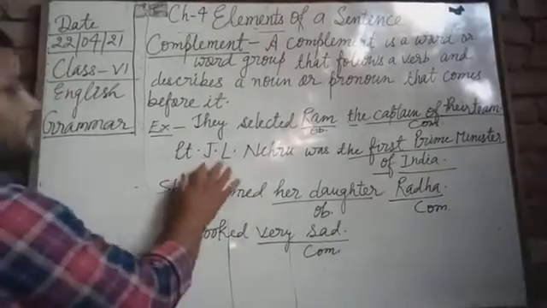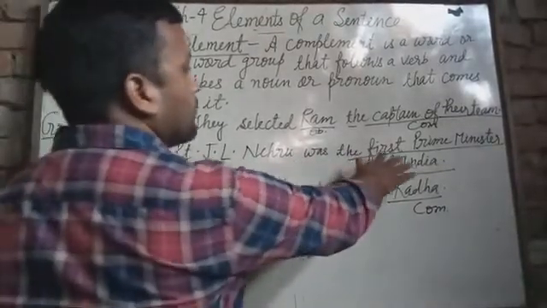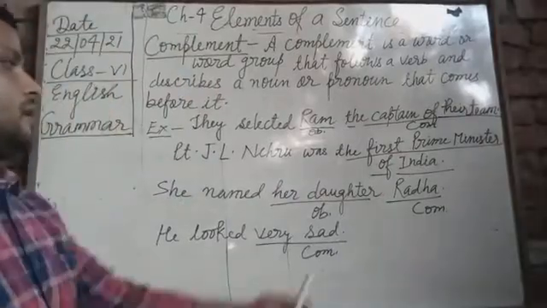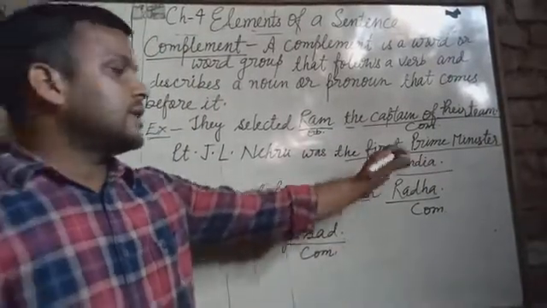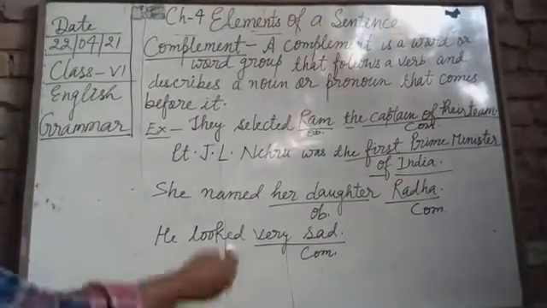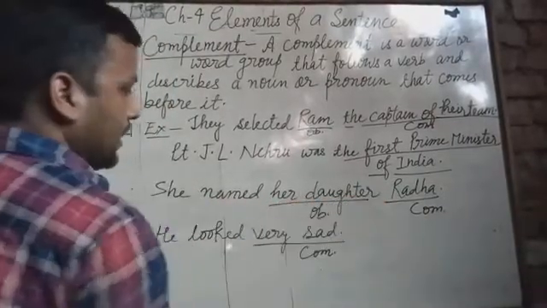See the second example. Pandit Jawaharlal Nehru was the first Prime Minister of India. The first Prime Minister of India is a complement. She named her daughter Radha.